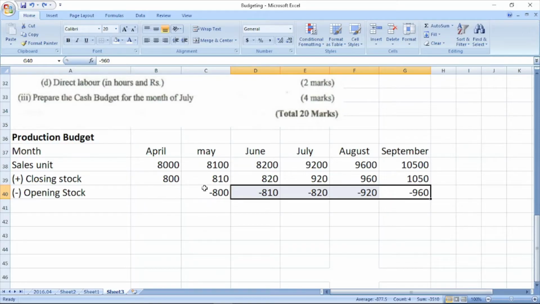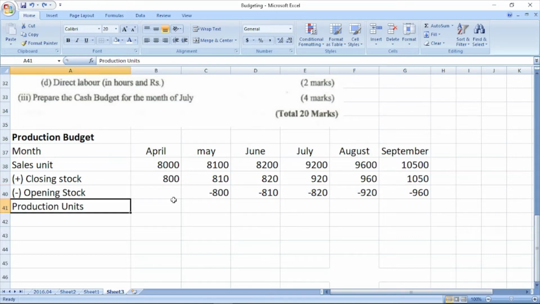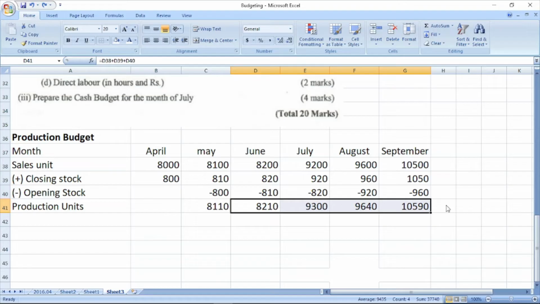So this opening stock we need to minus or less. So we need to produce units: 8,100 plus 810 minus 800, it is 8,110 units we need to produce in month of May. Likewise get the other value.